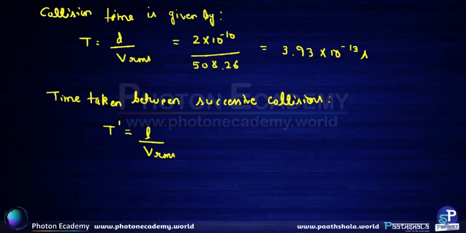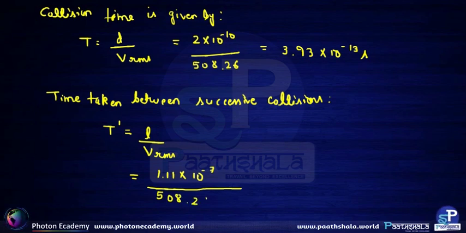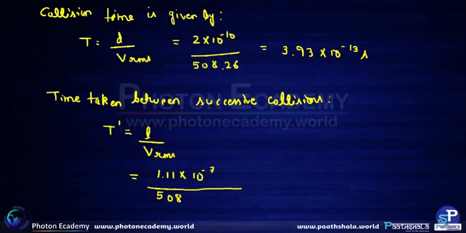And when we substitute all the values here, L is 1.11 into 10 raised to the power minus 7, and the value of VRMS is 508.26, and the value is equal to 2.18 into 10 raised to the power minus 10 seconds.